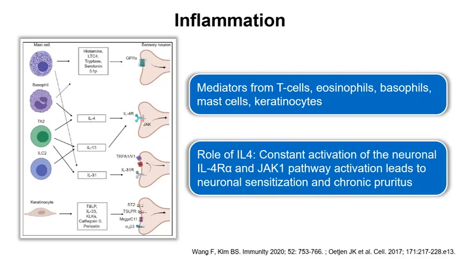So the threshold is going down, less substance is needed to activate the cells, and also other interleukins, which are then in the tissue, might more easily induce pruritus. And this is a very important step in the chronicity, what I showed you at the beginning, that we have the sensitization of the nerve fibers.